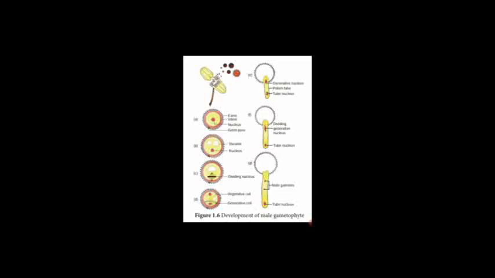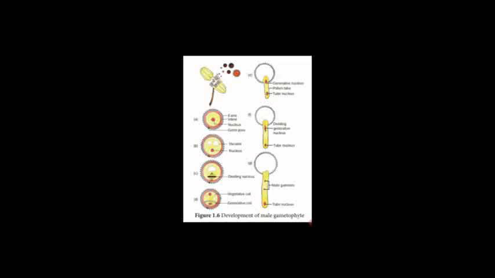Then the third diagram, a single haploid nucleus present inside the microspore undergoes mitotic cell division to form two nuclei. The two nuclei are irregular in position. The vegetative cell is large and the generative cell is small due to the wall formation between the generative cell and the vegetative cell.